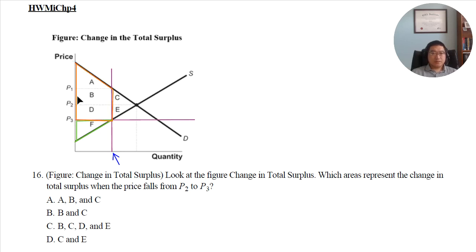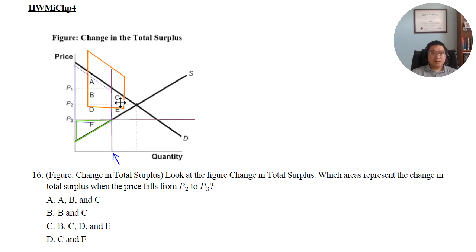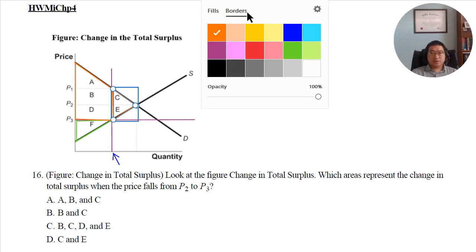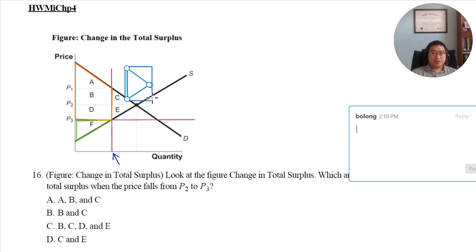Okay, so this consumer surplus is this area, A, B, and D. And the change in the total surplus is certainly just the triangle here. Let me start from this equilibrium point here, and finally here. Again, let's use this light blue. This triangle here is the change, right?